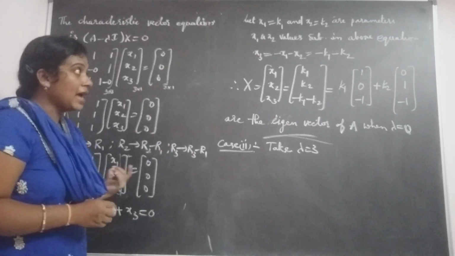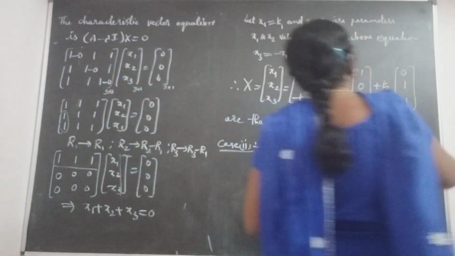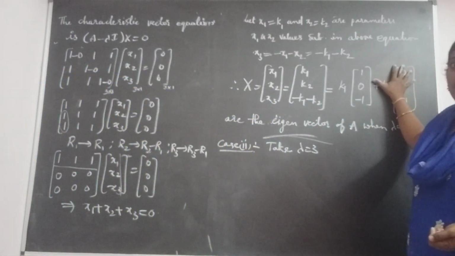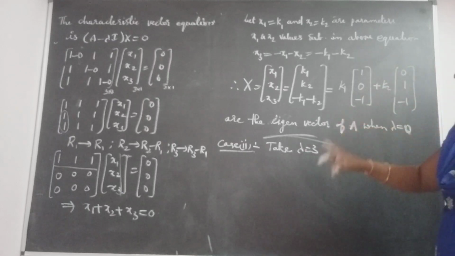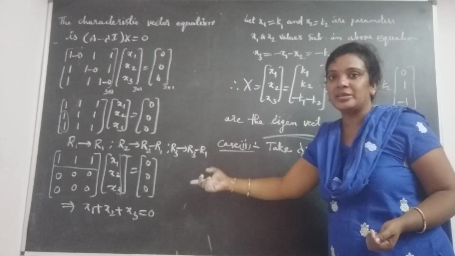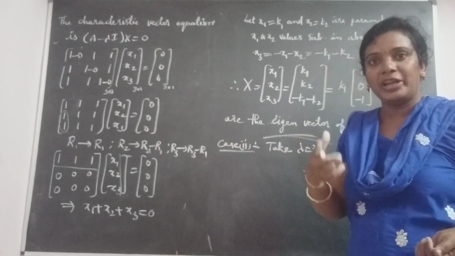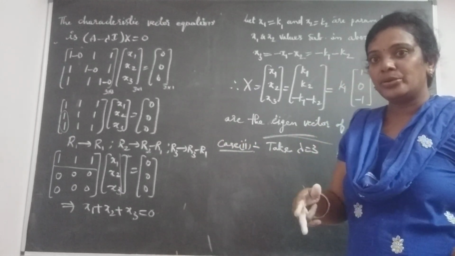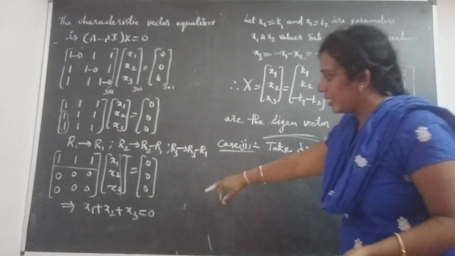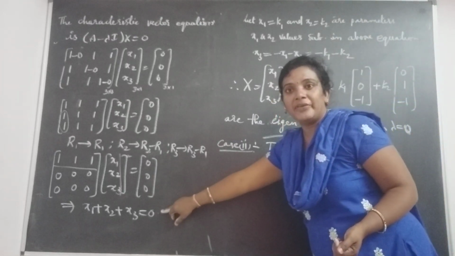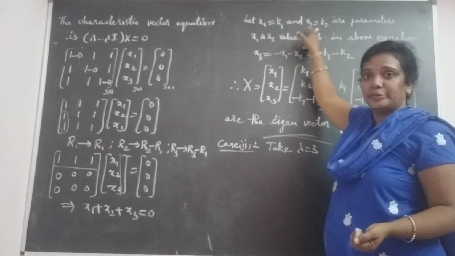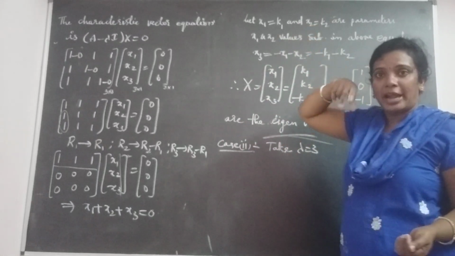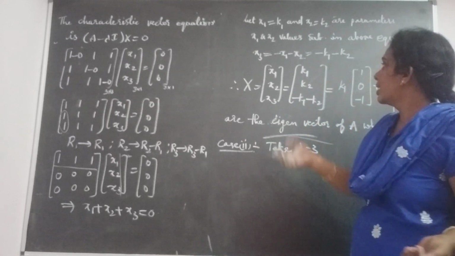Then in the characteristic vector, only one vector appears. Okay, here the root is repeated, meaning in this matrix 2 rows will be 0. From the 2 rows we get only one equation with the 3 variables. In that we can take any 2 variables as parameters and substitute and find out the third variable.